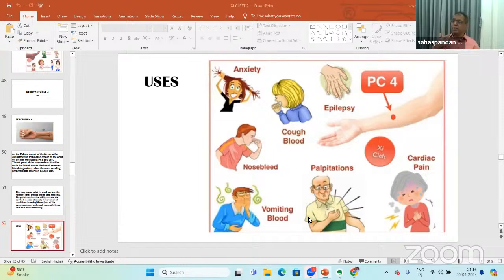If the blood flow in the coronary arteries is problematic, use this one, the pericardium cleft point.